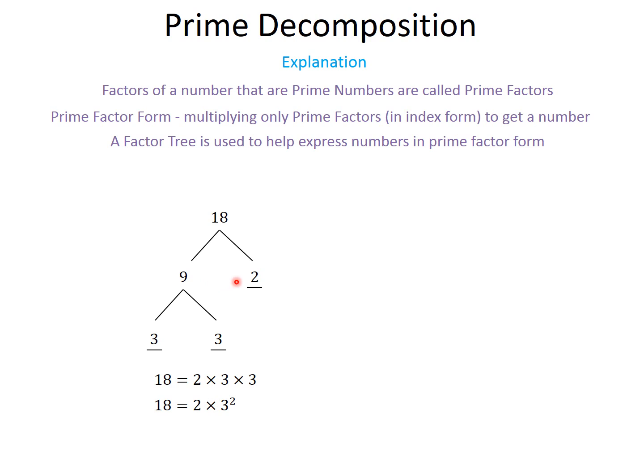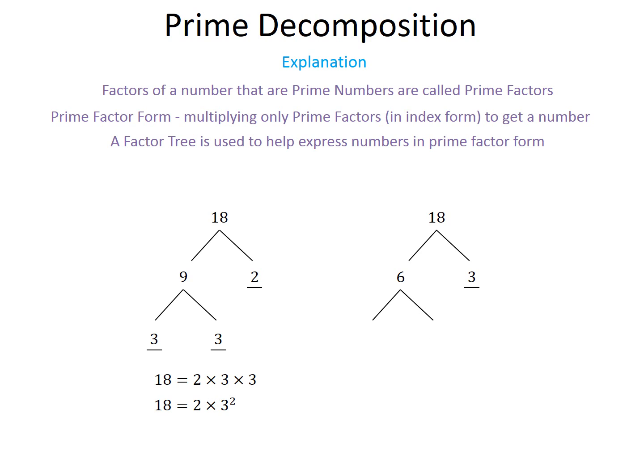Now, I used 9 and 2 here, but what about 3 and 6? Don't they get 18 as well? Wouldn't that give me a different answer if I use 3 and 6? Well, I'm going to try it out. Here's 18. I'm going to split it into 3 and 6 this time. Now, 3 is a prime number, so let's underline it. Here's 6. It's not a prime number. It needs to be split up even further, so put the lines underneath. What multiplies to get 6?